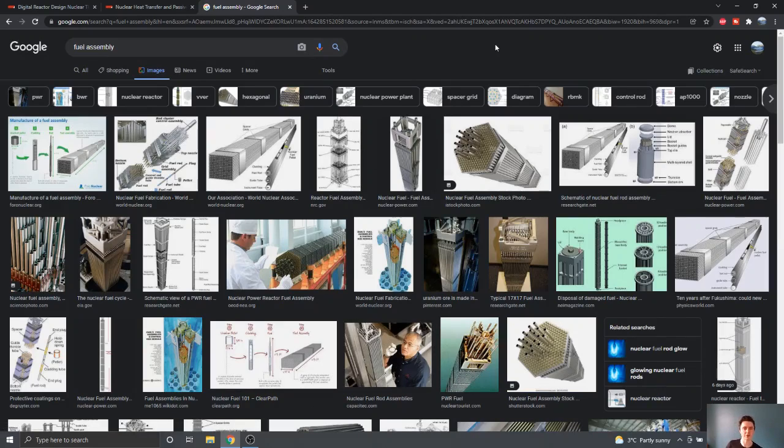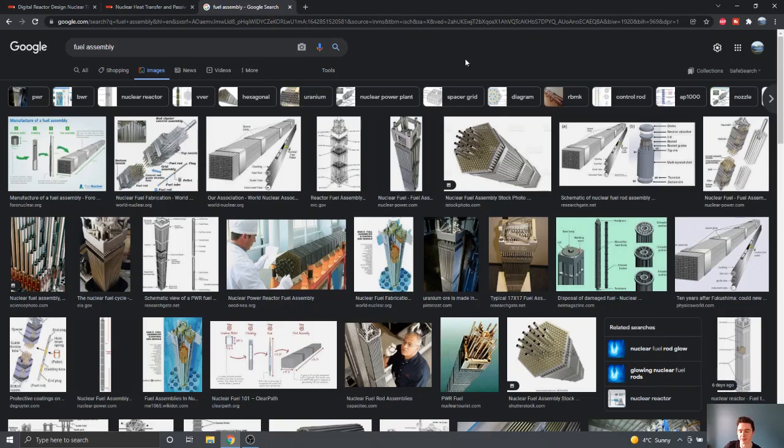Now, nuclear fuel generally is arranged into fuel rods, so very long, thin rods that have a diameter of maybe only a few millimeters. You can see these in the images, and those long, thin fuel rods that contain the uranium and the nuclear fuel are arranged into a fuel assembly, where a load of these rods are collected together, either in the form of a hexagon or a square.